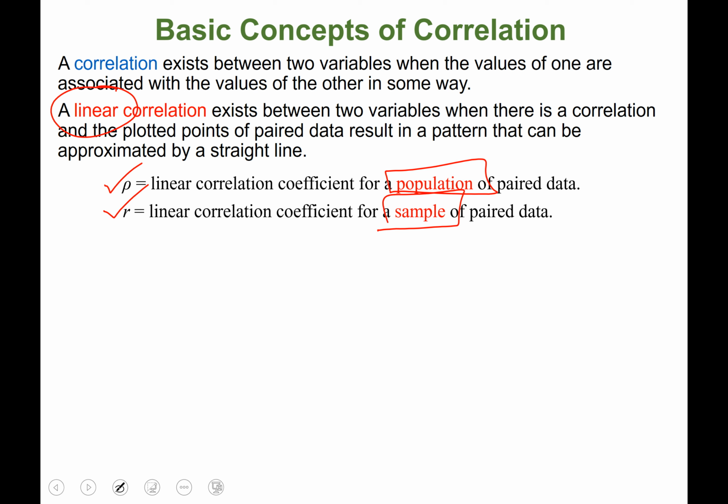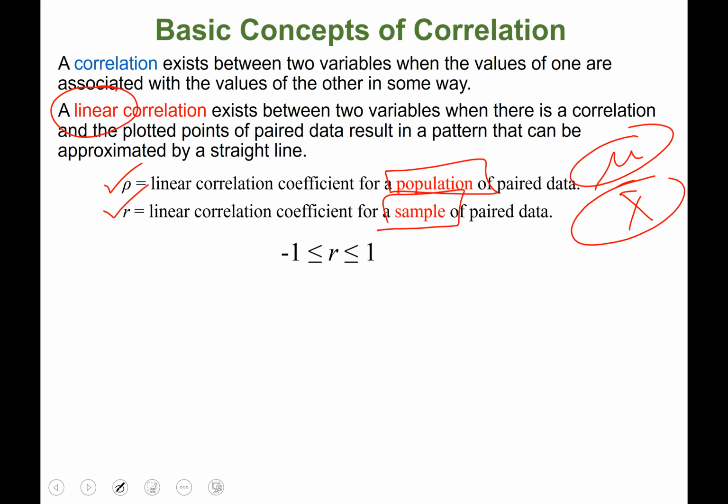So they both represent a linear correlation coefficient, but one is for the population and one is for the sample. And you guys have seen that a lot in this class. For example, if you're talking about mu and x bar, both of those represent a mean, but mu is for the population, and x bar is for the sample. So same thing with rho and r. Those are paired together if you want to think about it like that.